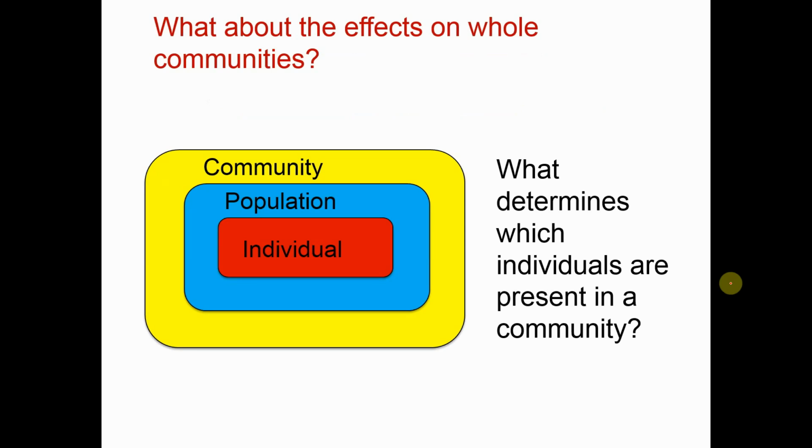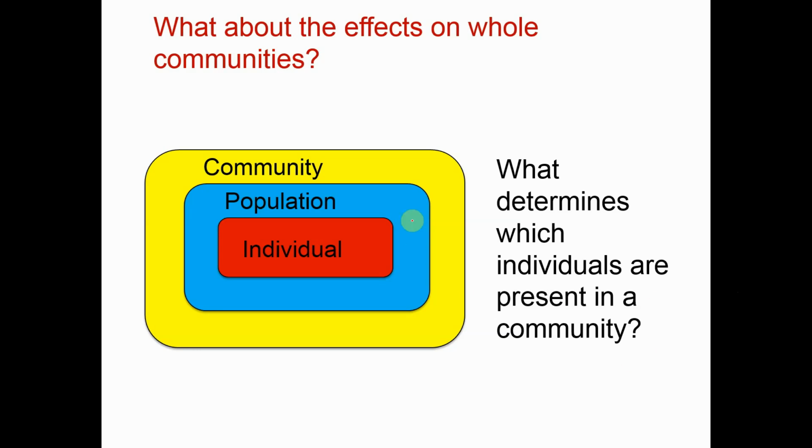Okay, so these lab experiments showed what happens to individuals when they're placed in ambient or high CO2 conditions. But the question then is, what determines which individuals are present in a community? We can look at the effect of high CO2 on individuals, but what about whole communities?